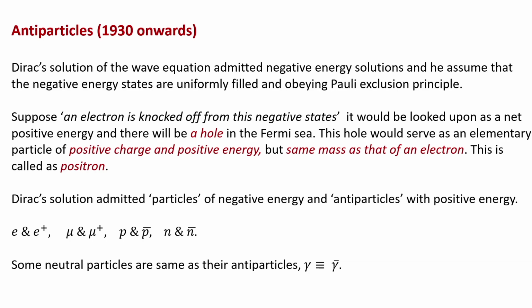So, if by some means one can knock off an electron from the filled negative state, it would be looked upon as a net positive energy, and there will be a hole created in the Fermi sea. This absence of an electron is called a hole.